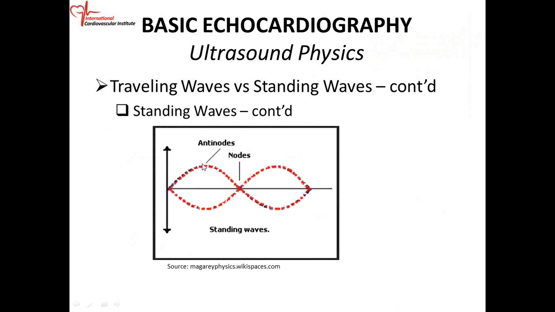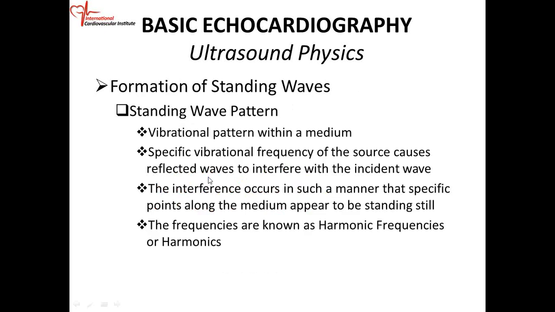When crests meet crests, or troughs meet troughs, you get constructive interference, so you get antinodes and nodes. This is your standing wave pattern. Again, it's not an actual wave, but it's a pattern.